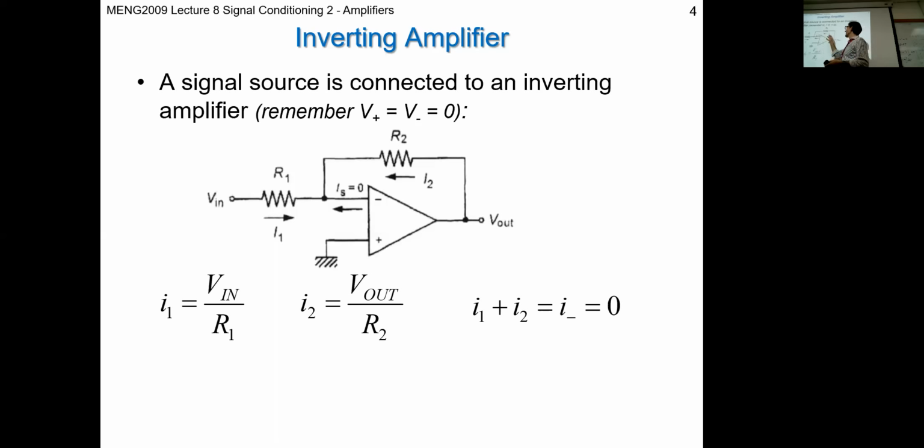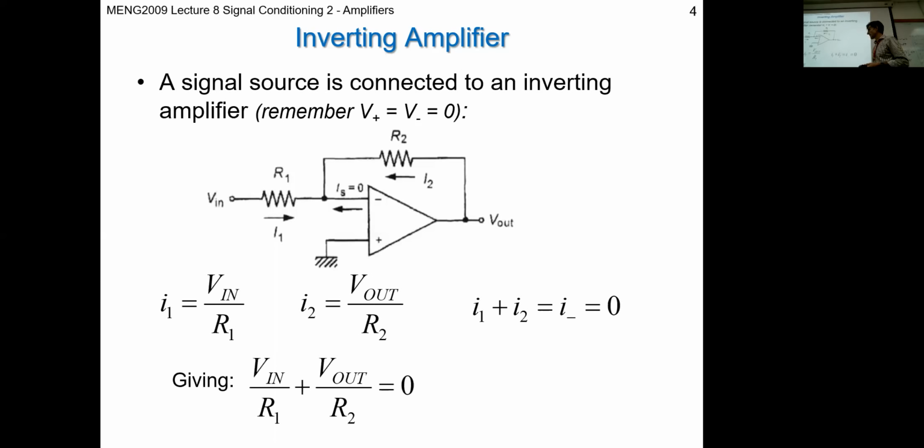And we also know that the current in R1 is V upon R, V in upon R1. Current in R2 is V upon R, V out upon R2. Right, and those added together will come to 0. So in other words, one is the negative of the other, same magnitude.